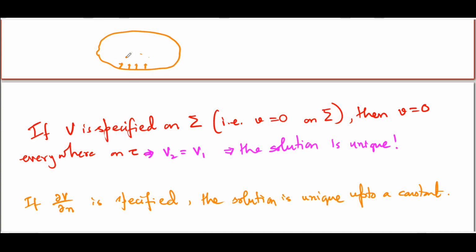In fact, that is the kind of boundary condition which almost every second order partial differential equation has to have in order to be able to specify the solution. What is so special about the Poisson equation is that you do not need to specify both capital V and del V del N at the same time. In fact, not only do you not need to, you actually cannot.